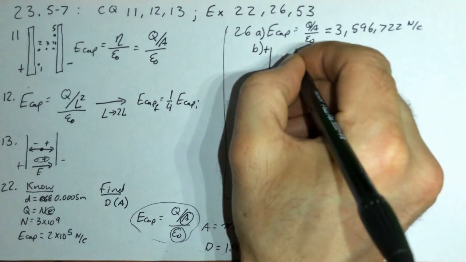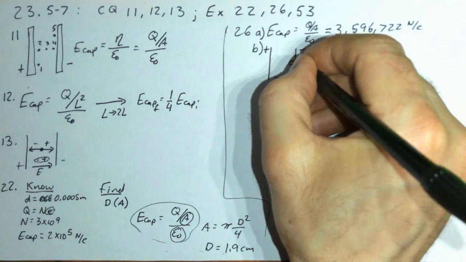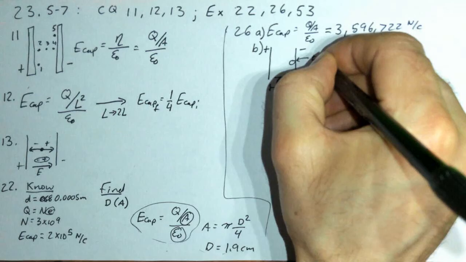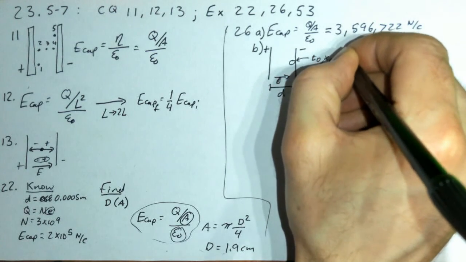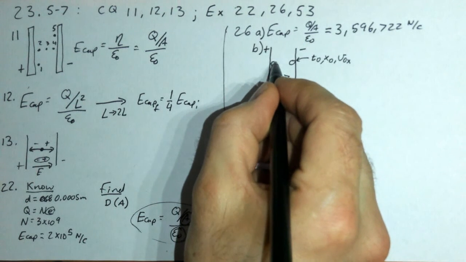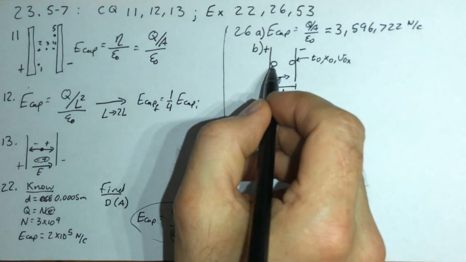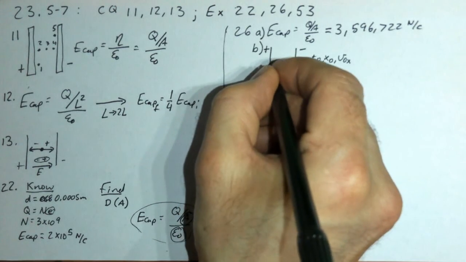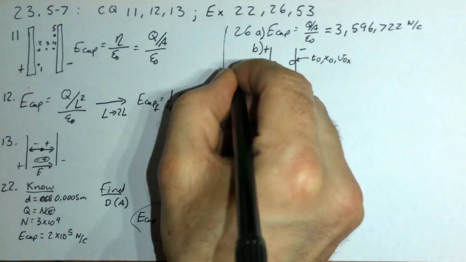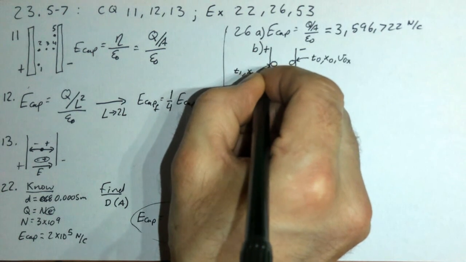And my proton starts here, and so I'm going to give it some values. I'm going to say that's T0, X0, V0X, and then it flies this way and ends here, because it says what launch speed must the proton have to just barely reach the positive disk. So this is our other point of interest. So looking here, I'm going to say that's T1, X1, and V1X.